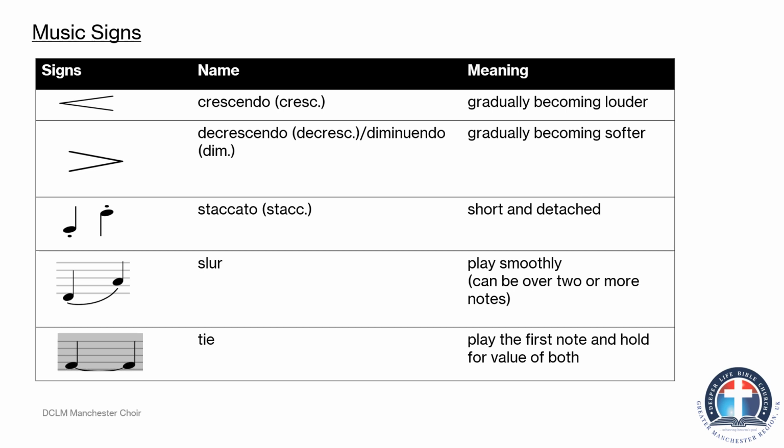Then you see the slur sign. The slur sign is used when you want to play notes smoothly. You want to sing or play over two notes that are not on the same pitch. If they're on the same pitch, then it's called a tie. If they're not on the same pitch, it is called a slur.